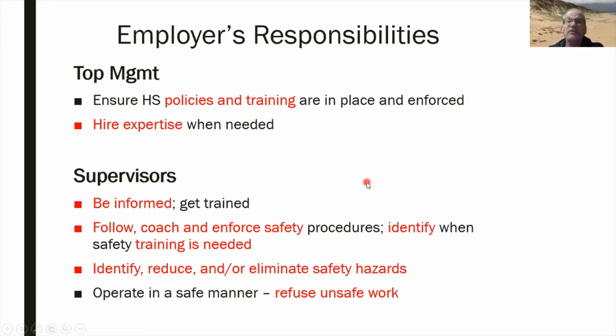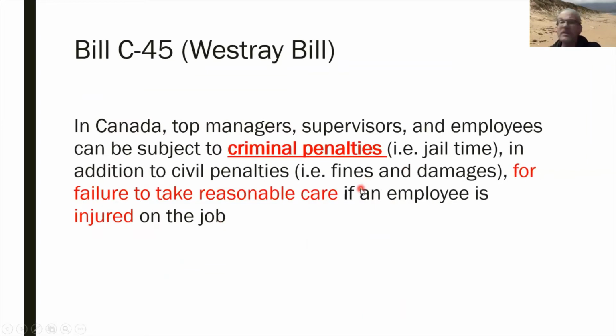Okay, so collectively, those are the responsibilities and rights. It's an interesting slide here. In Canada, we have something called C-45, which is called the Westray Bill. Westray was a mine collapse that happened, I believe, in the 90s. Essentially, under the Westray Bill, top managers, supervisors, and employees can be subject to criminal penalties, i.e. you can go to jail, in addition to civil penalties, things like fines and damages, for failing to take reasonable care if employees are injured on the job.